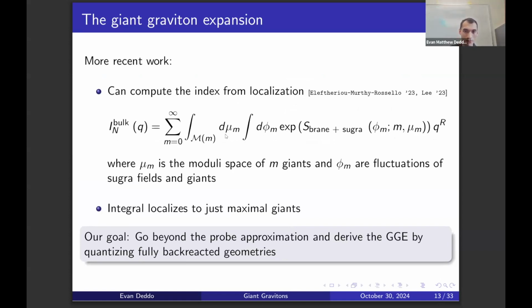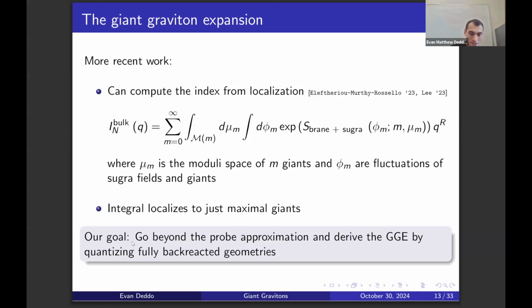They showed that we can consider computing the index as a path integral, where we look at probe brane configurations in supergravity corresponding to these giants, integrate over the moduli space as well as all the possible fluctuations, and weight this by q to the R as in the index. And then using localization, they showed that this integral localizes just to the maximal giant configuration. So this explains why only the maximal giants were appearing in this giant graviton expansion.